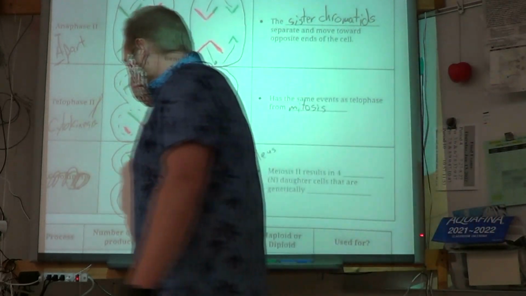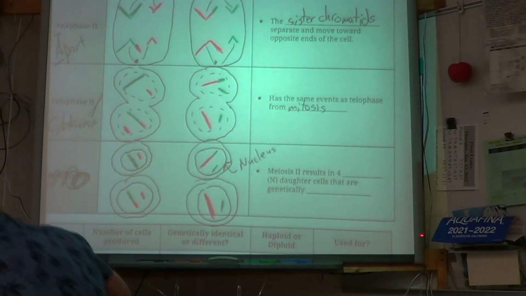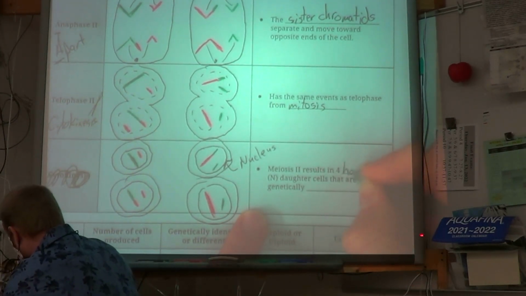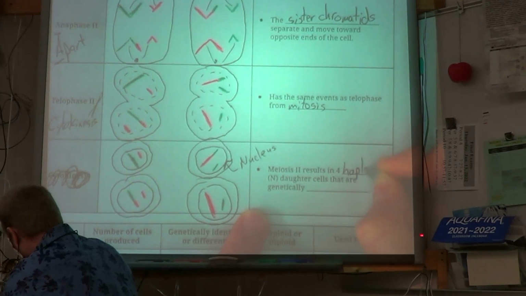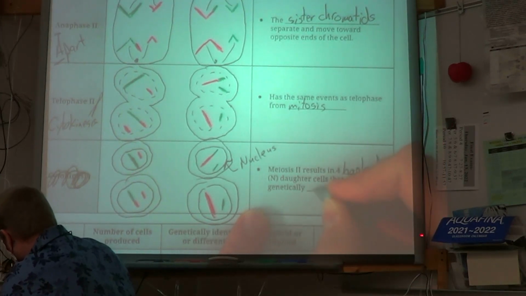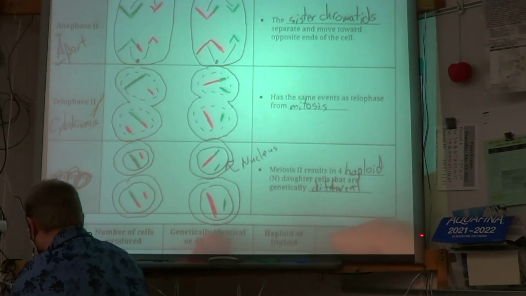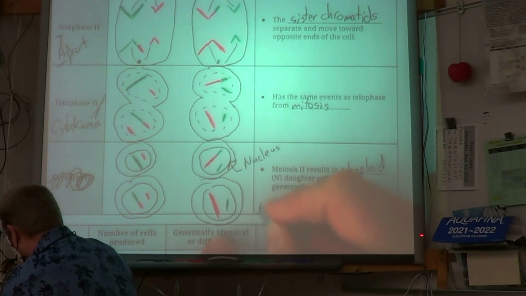They're all different, right? So meiosis 2 results in four haploid daughter cells that are genetically different from one another. I end up with four genetically different haploid sex cells, and this is just restating the book, so you don't have to write it if you don't want to.